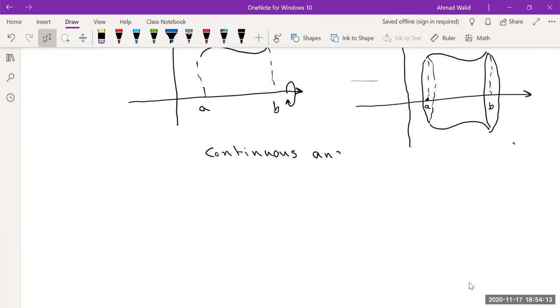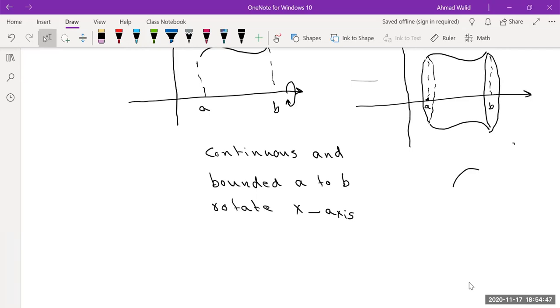And also my function is bounded. From where? From A to B. It's a closed interval. And I rotate my function about the x-axis. Correct? Now look at the cross section. Look at the cross section.